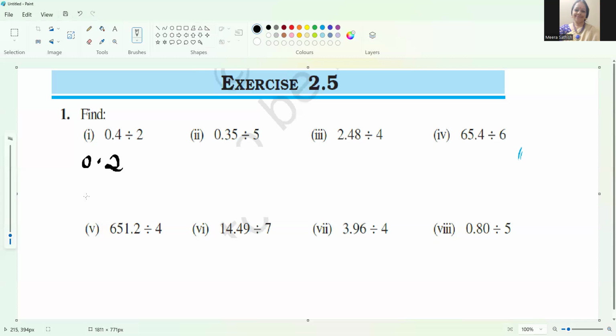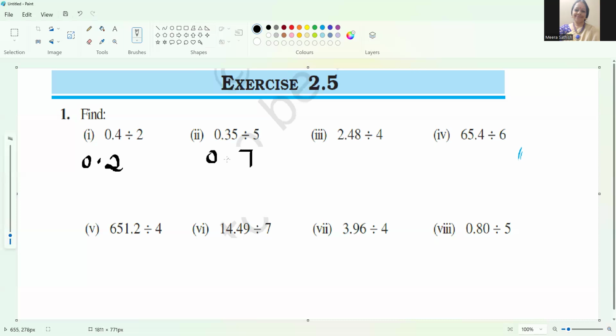And how many decimal places are in the dividend or in the numerator, that you put in the quotient. Here, 0.35 by 5. 35 by 5 is 7. 2 decimal places are there. So in the quotient also there should be 2 decimal places.